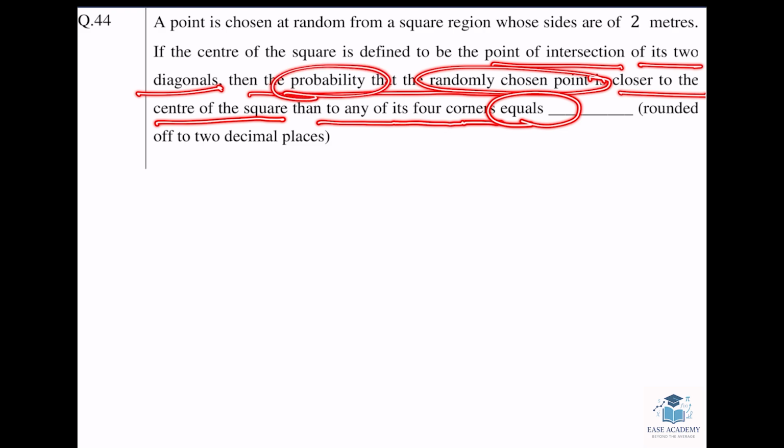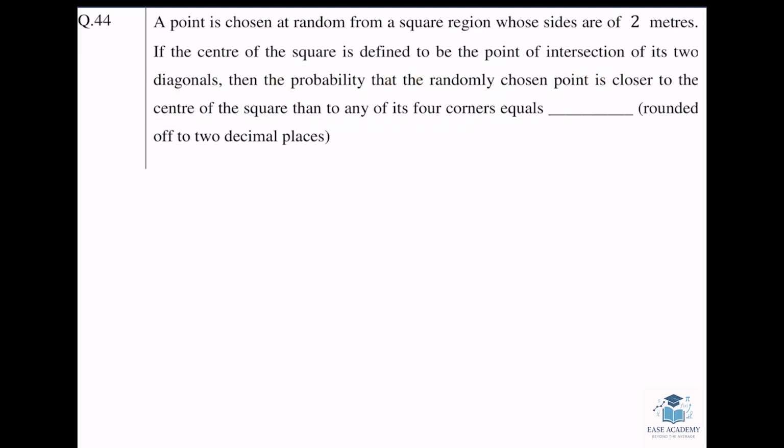Okay, now we need a square region. Let's say the region is like this, and take any point so that the side becomes 2 meter.